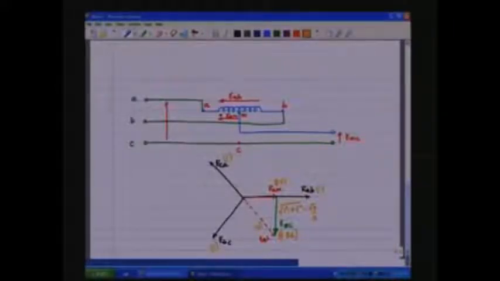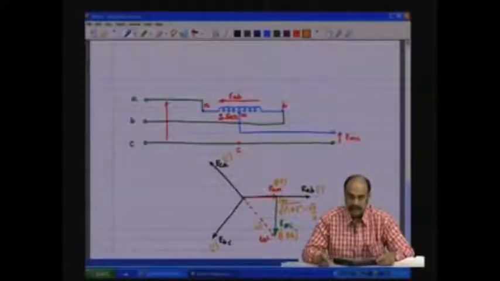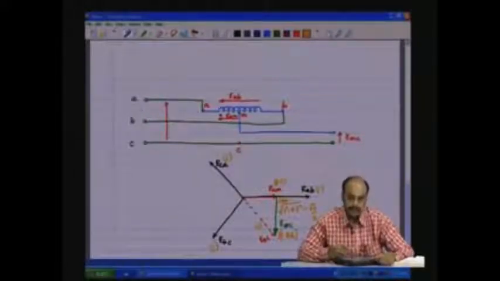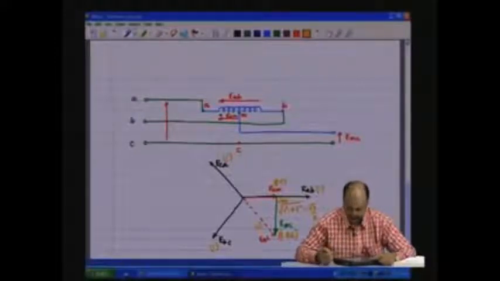Now, see that EMC and EAB are 90 degrees with respect to each other, which means they are orthogonal. So, EMC and EAB together can form a two-phase system if their amplitudes are equal. Now, EAB is having an amplitude of 1, EMC is having an amplitude of 0.86.